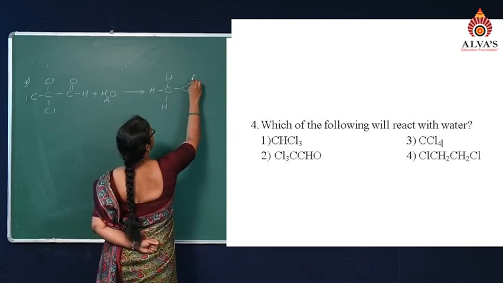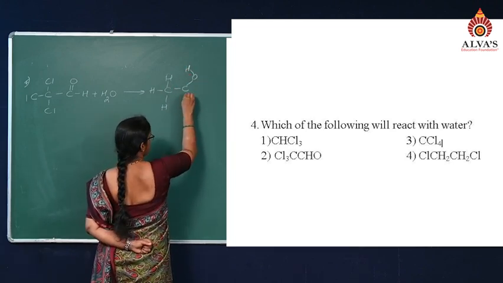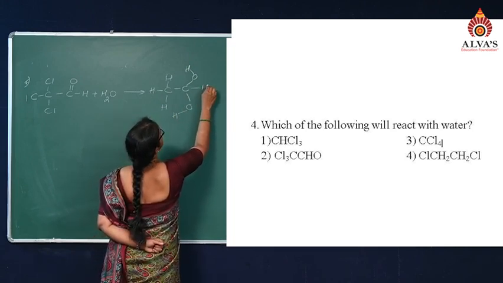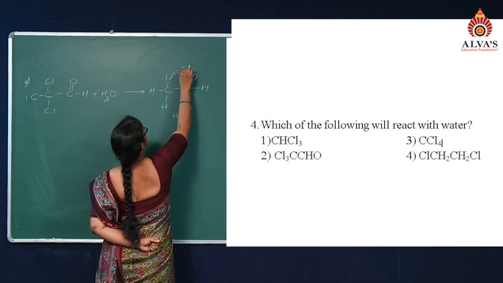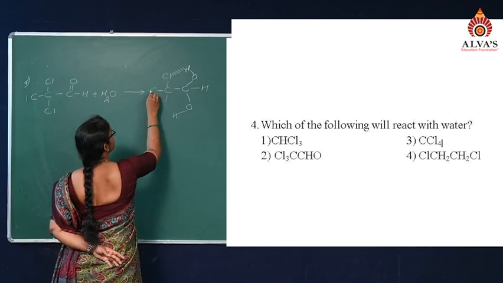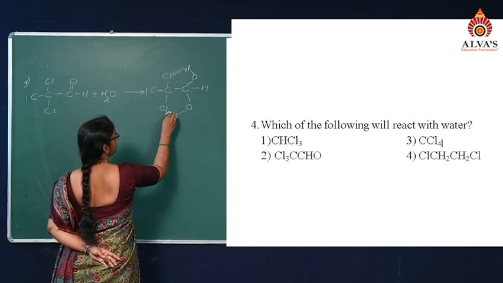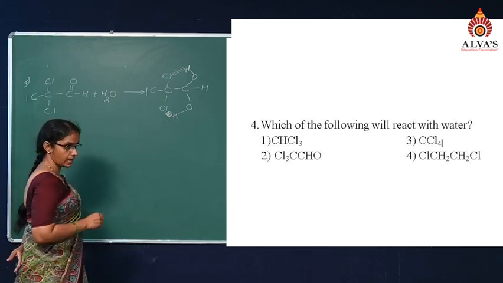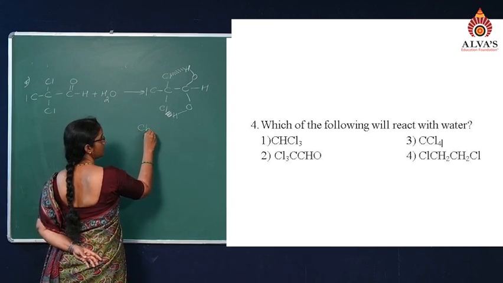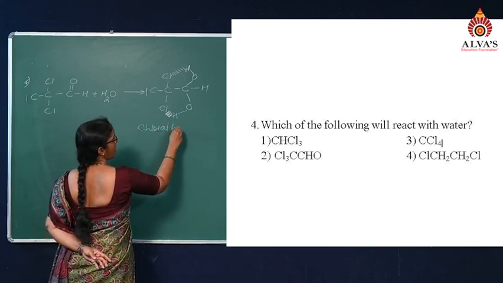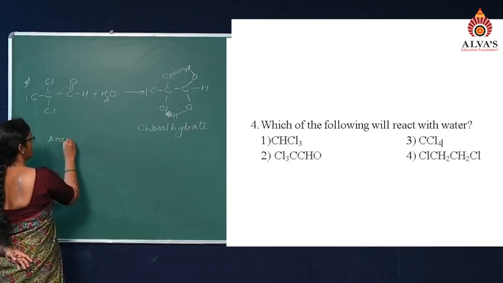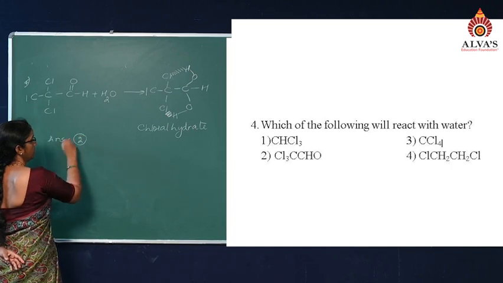You have OH, which is linking to the hydrogen and the electronegative atom, and the resulting structure formed is called chloral hydrate. So the answer is the second option.